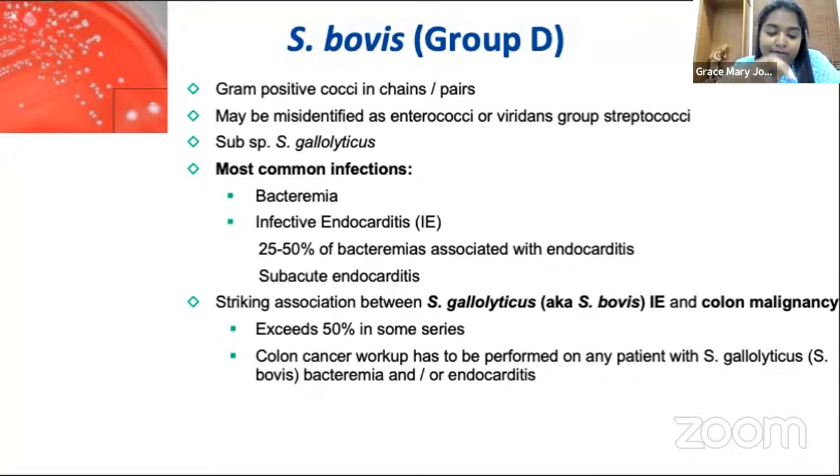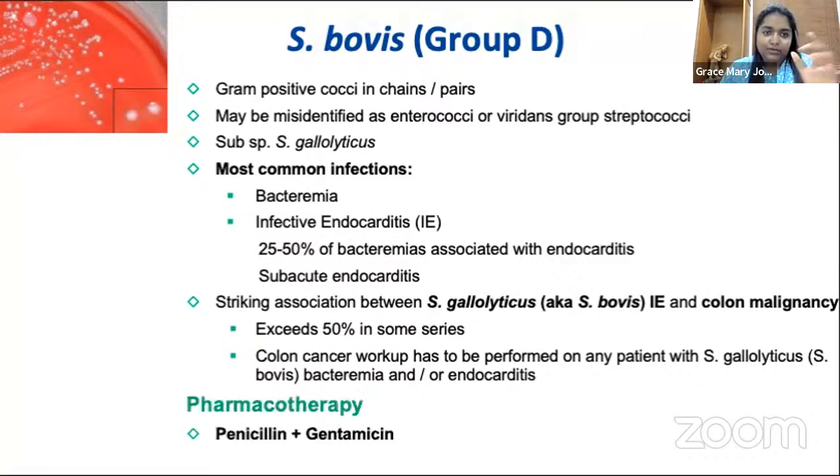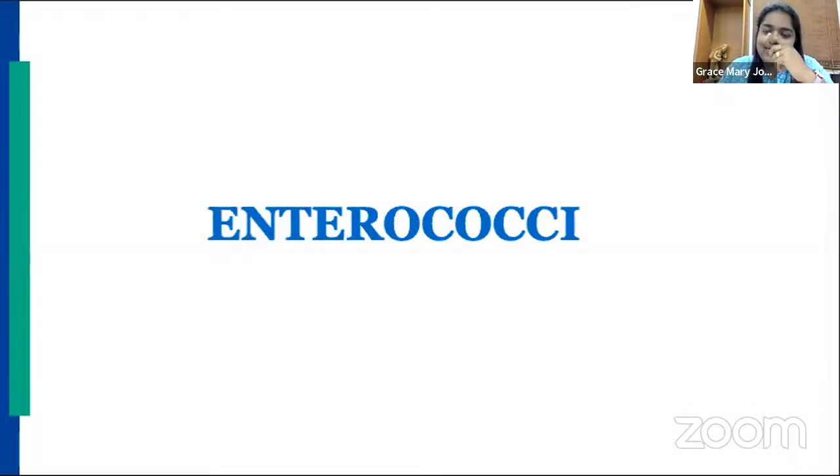So whenever you have a patient who has a bacteremia with Streptococcus bovis, always look for colon cancer, which includes a colonoscopy and a CT scan to see if there is any kind of cancer going on in that patient, because 50% of the patients have some kind of association. Okay, and the pharmacotherapy is similar to the previous one, penicillin with gentamicin.